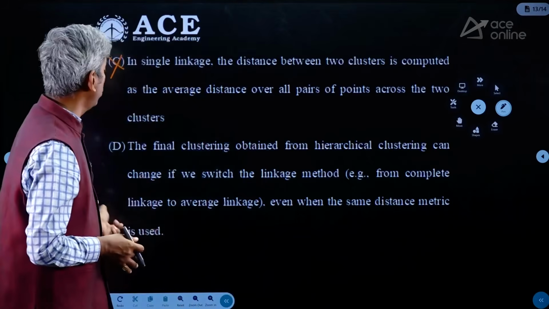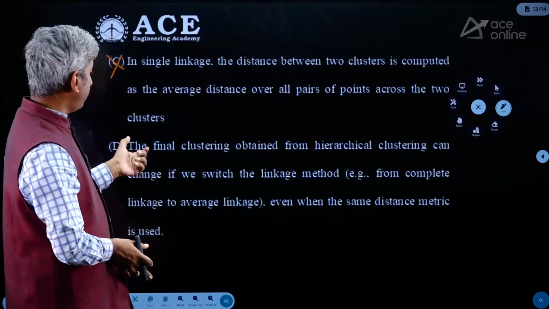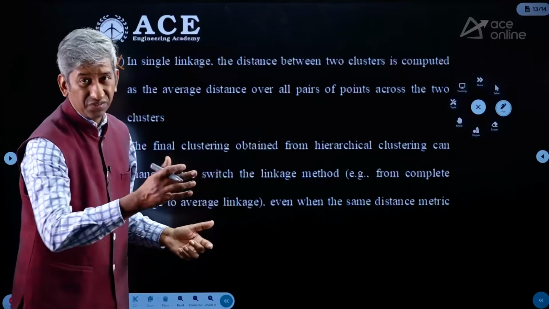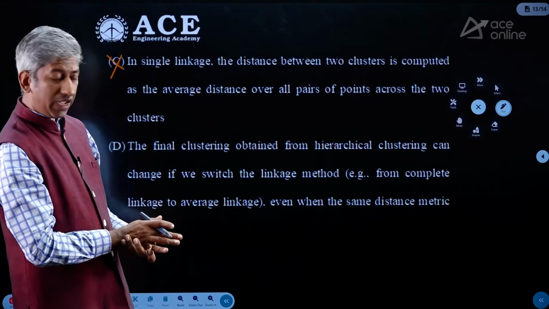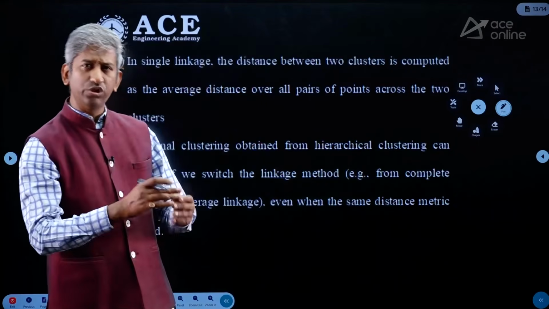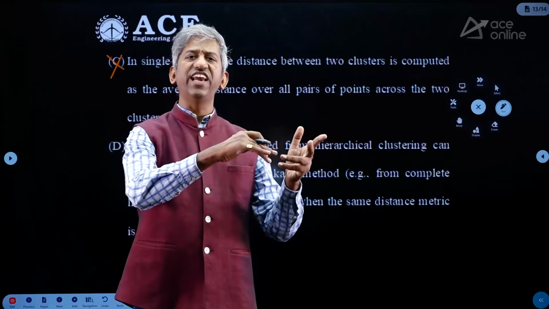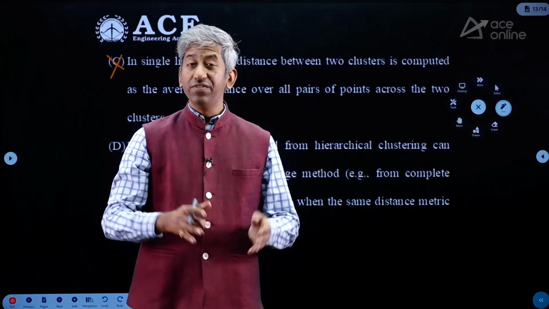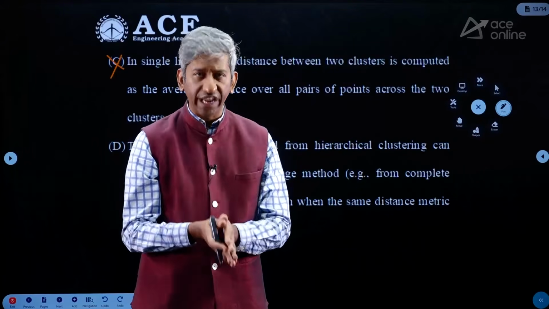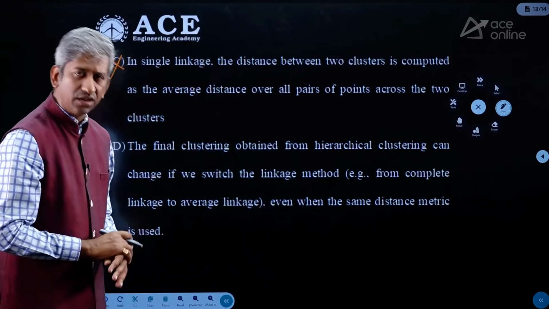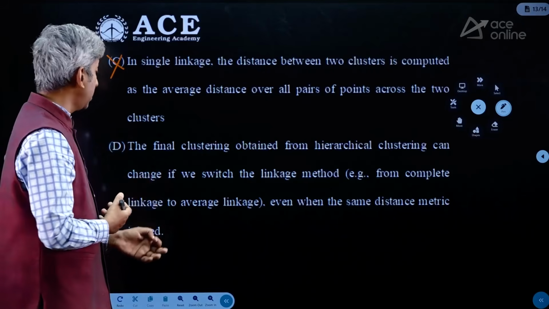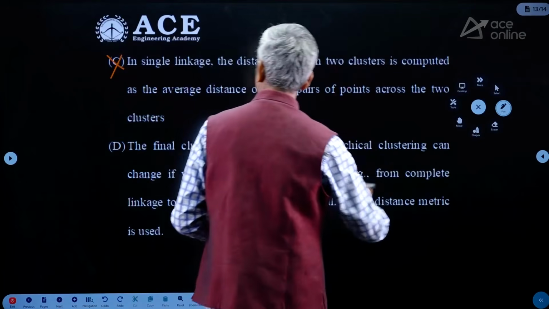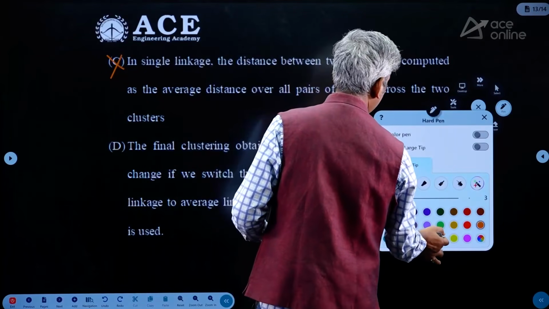That is one of the important conclusions from this statement. Even with the same distance metric, say Euclidean distance everywhere, if you change the linkage method from single linkage to complete linkage, the clustering pattern would change. Your dendrogram structure would change such that the final clustering will be changed completely. So option D is a correct statement.